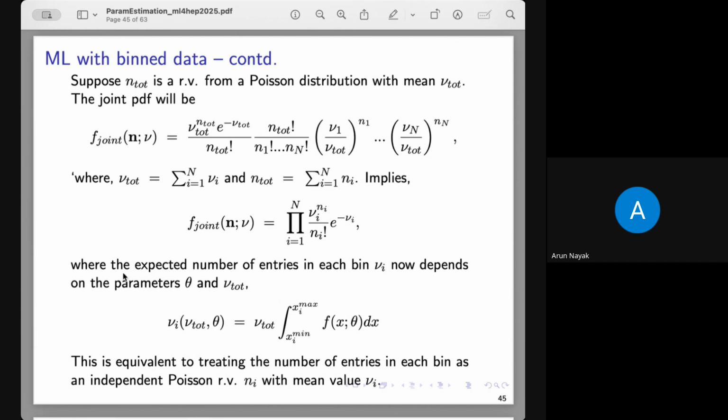So here the nu_i itself, earlier we defined nu_i to be nu_total times the integration of the probability density over the bin.